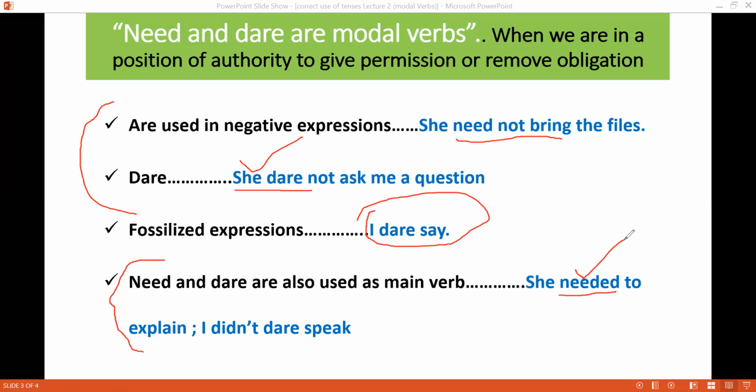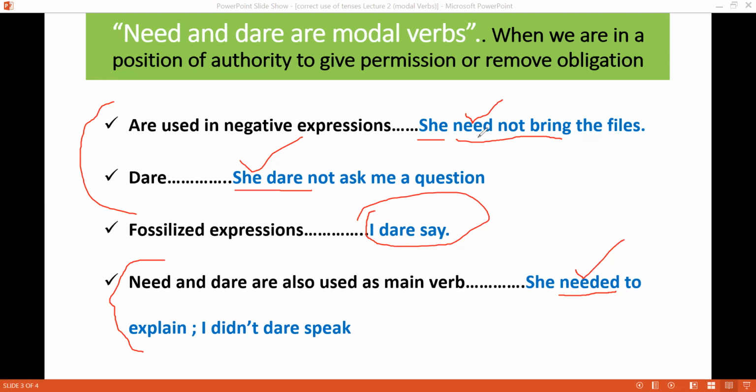Now, you can see the difference between the main verb and the modal verb. If need here had been used as a main verb, it should contain s because with third person, he, she, and it in present indefinite tense we use s or es with the first form of the verb.